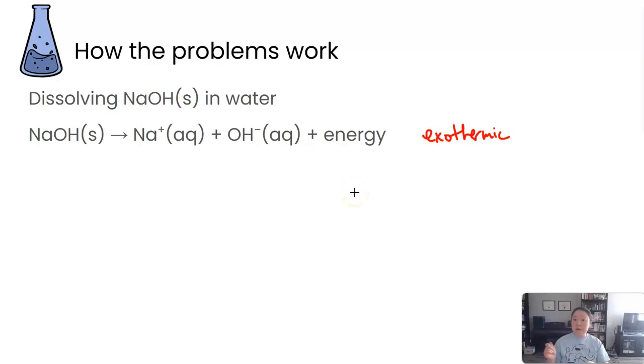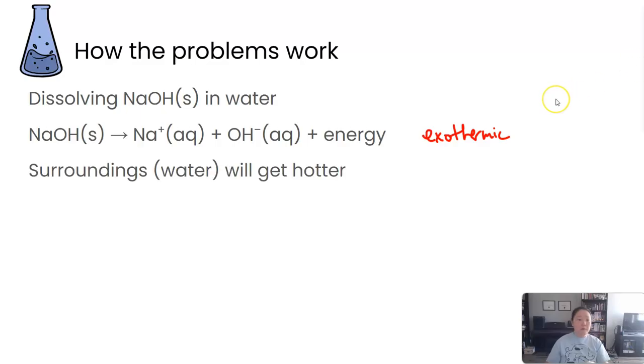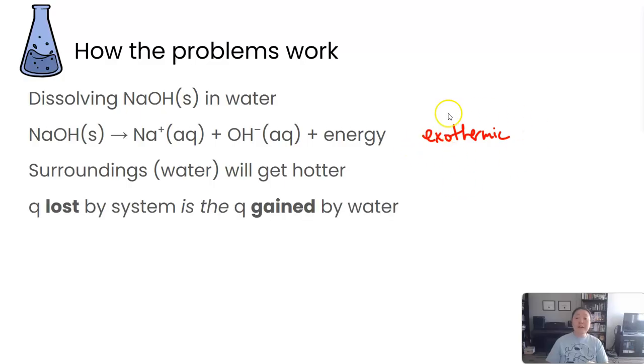So that whole process of making a solution is exothermic. Now from here, because it's exothermic, the surroundings, or the water that everything is dissolving in, are going to get hotter. So whatever heat, whatever Q, is lost by the system is going to be gained by the water.